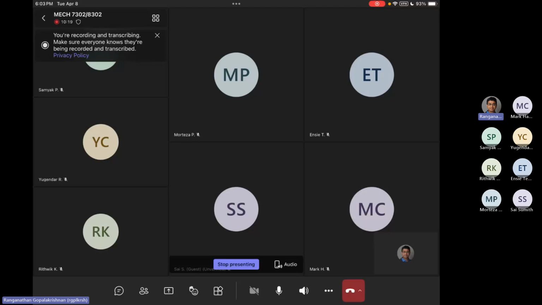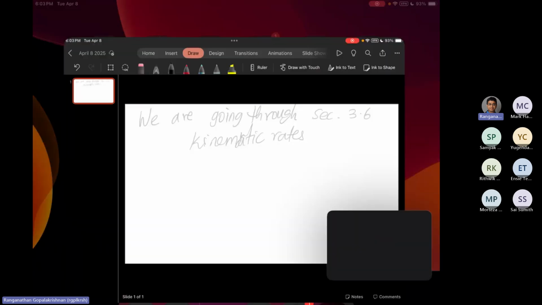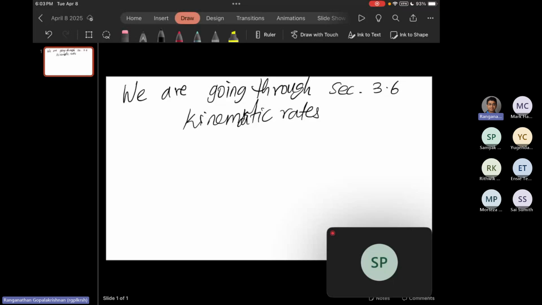So I want to just recap a little bit about where we are. This is the last section in chapter three, kinematics of deformation, and we were talking about kinematic rates. In the major portion of this chapter, we have talked about the deformation tensor. That's where everything starts usually.